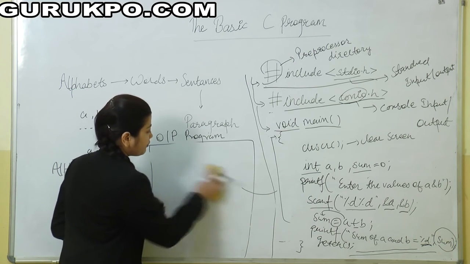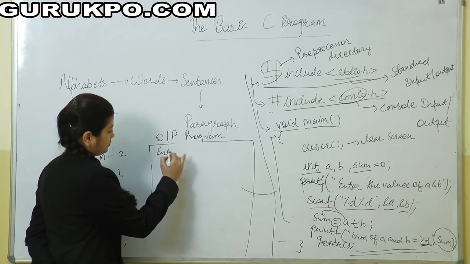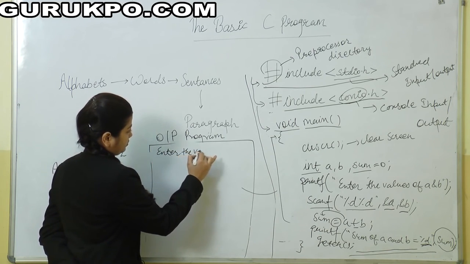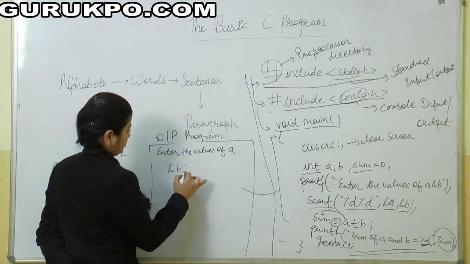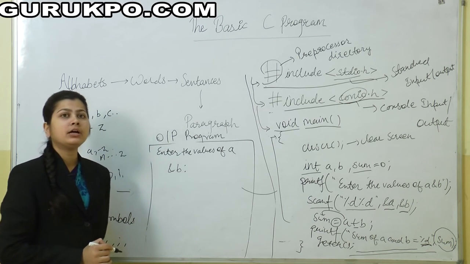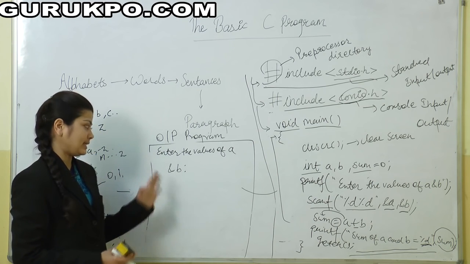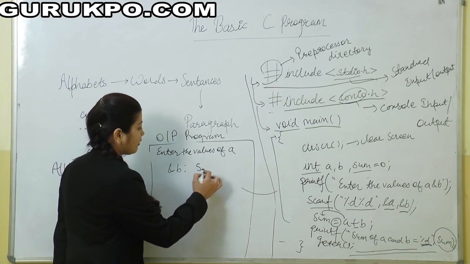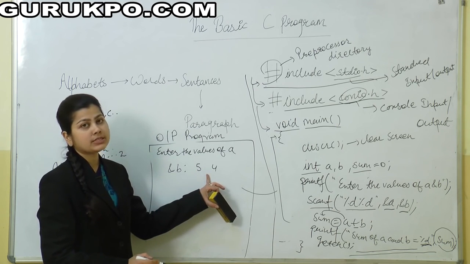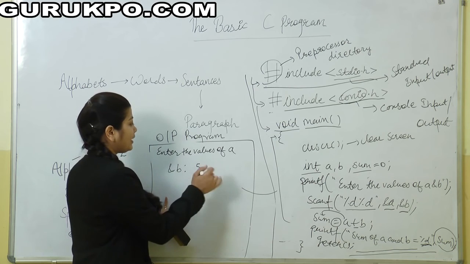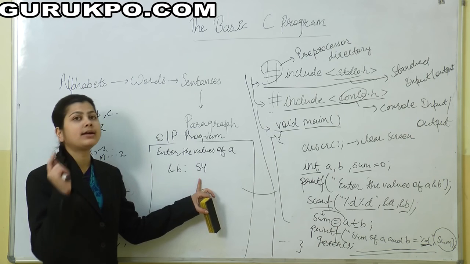So if we execute the program, the output window shows the output. When we pass the values, they are separated by a single space, because if we write the values together then the compiler counts them as a single value.